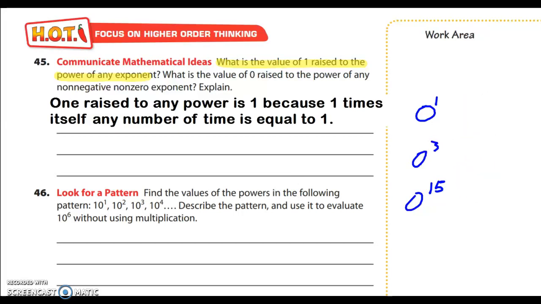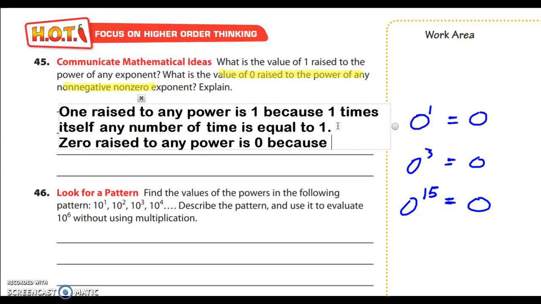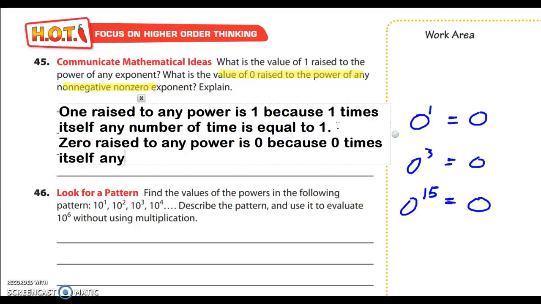What's 0 to the first power? That means 0. What's 0 times itself 3 times? 0. What is 0 times itself 15 times? 0. 0 times anything is 0. So here's our conclusion: 0 raised to any power is 0 because 0 times itself any number of times equals 0.